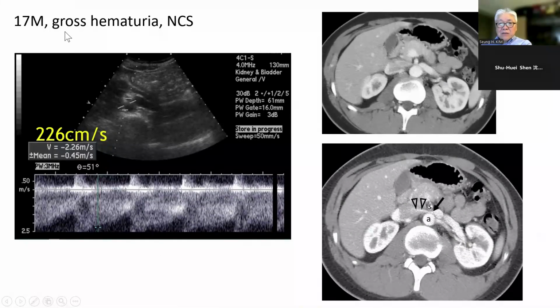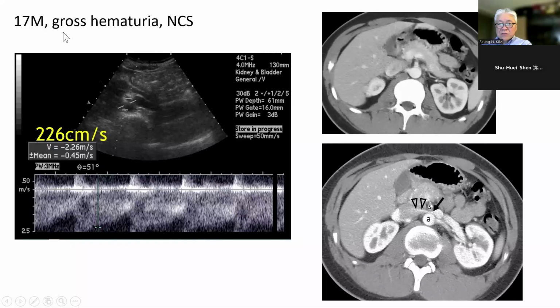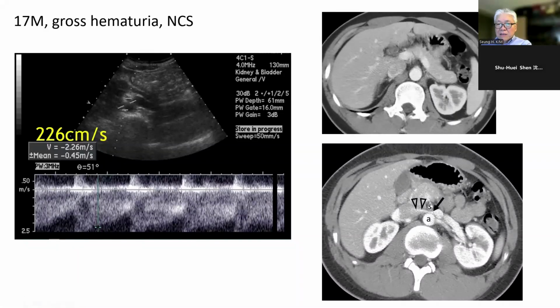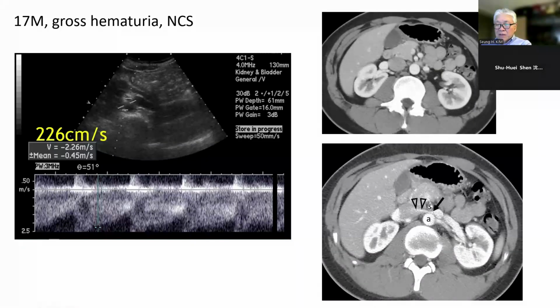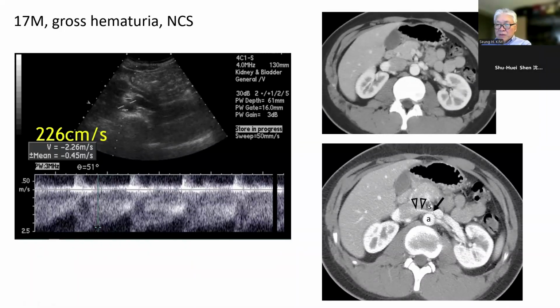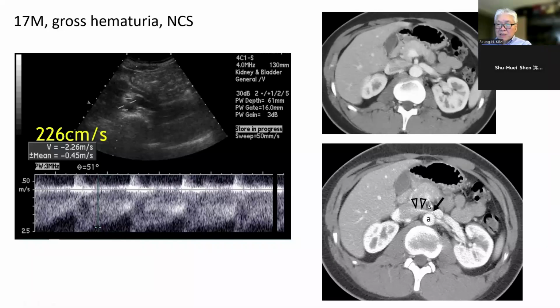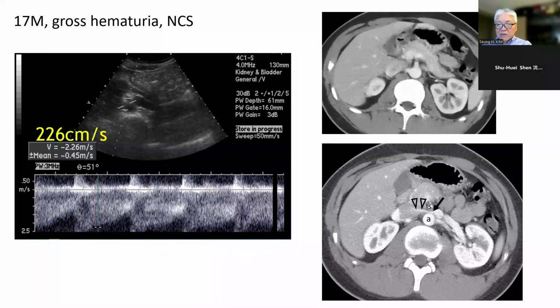This was a young man with gross hematuria, and usually in a patient with hematuria, CT is probably the primary imaging technique rather than ultrasound.